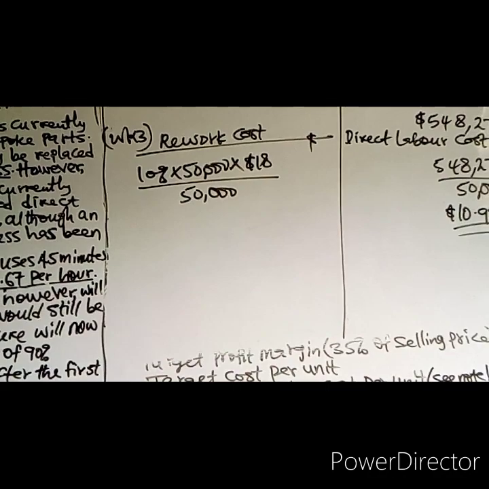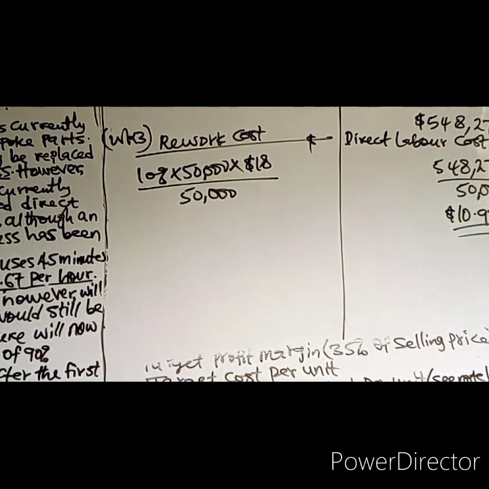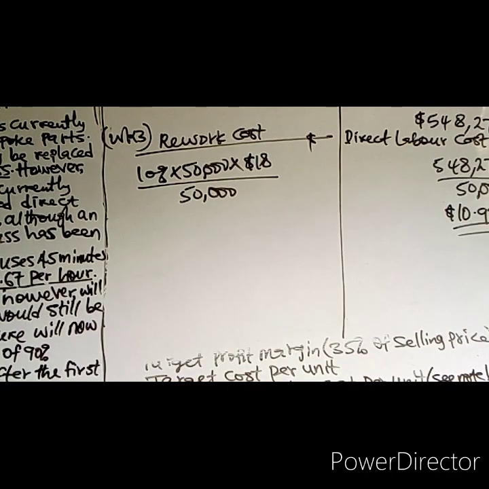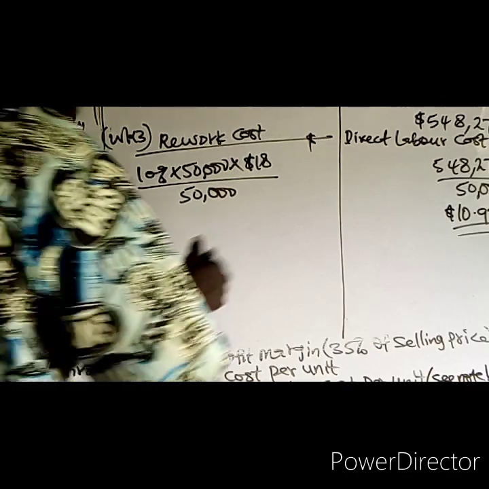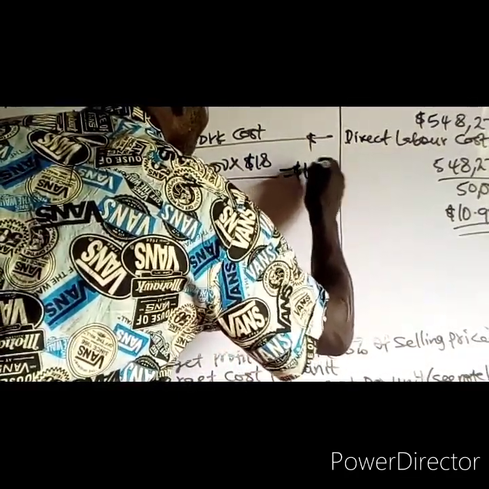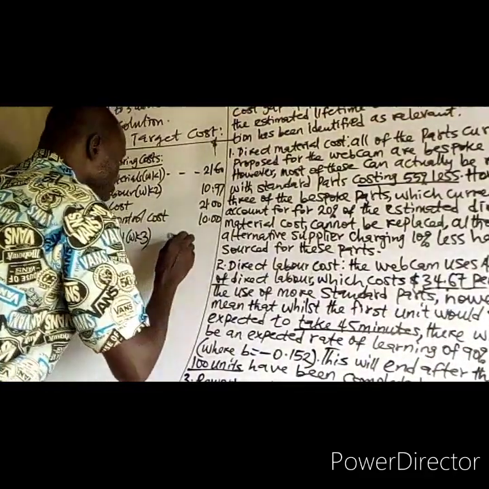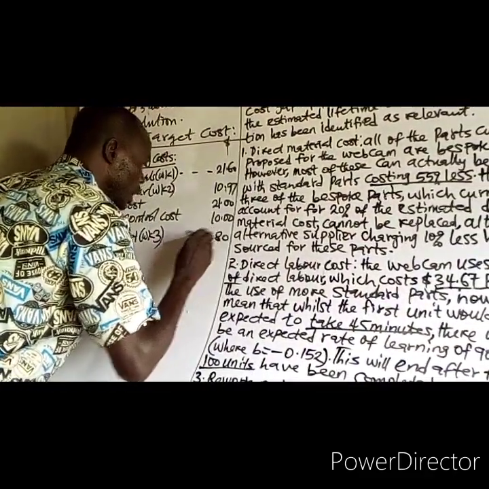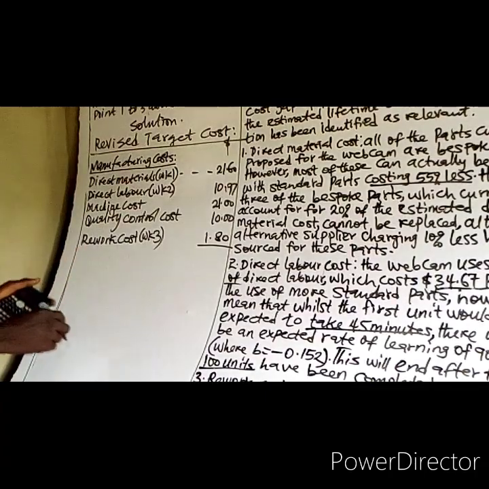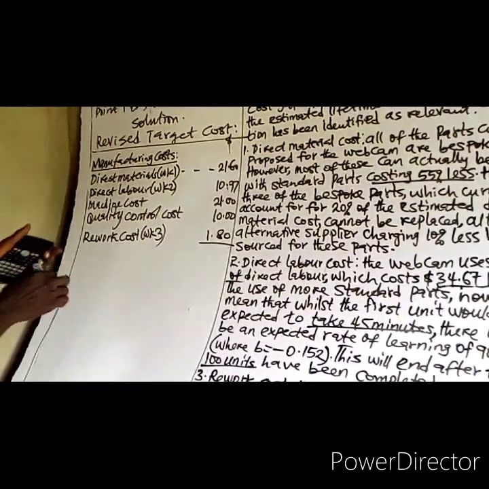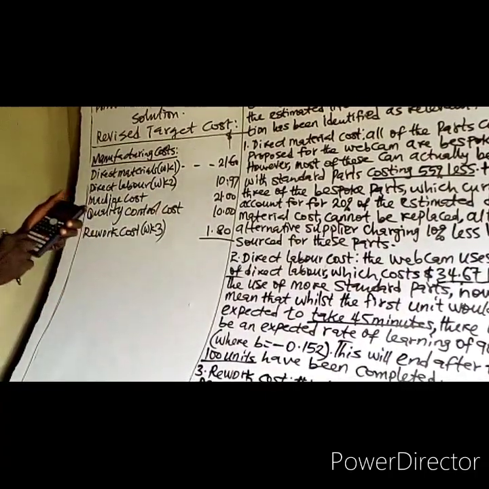So we have 10% of 50,000 times 18, then divide the result by 50,000, and you have $1.8. So the rework cost is $1.8.